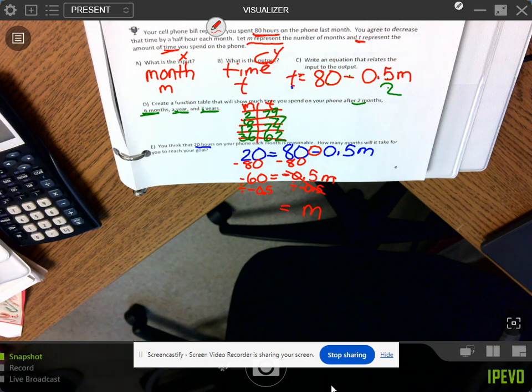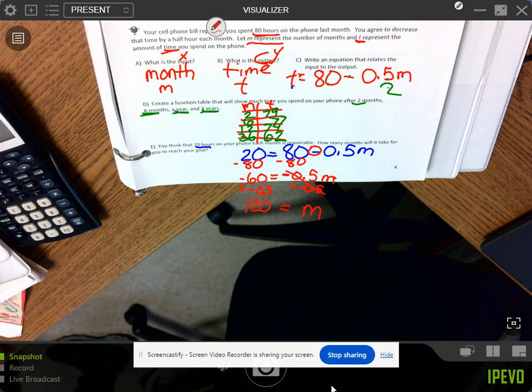Matthew. Is it a negative or a positive? Positive. It is positive because negative divided by negative gives me a positive. 60 divided by a half, not multiplied, divided by a half gives me 120. So it'll take me 120 months to work down to just 20 hours.